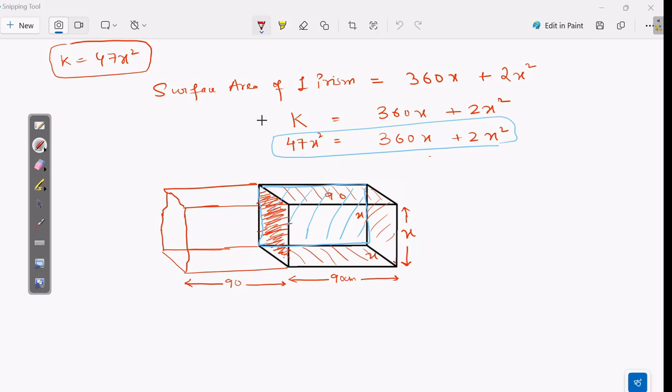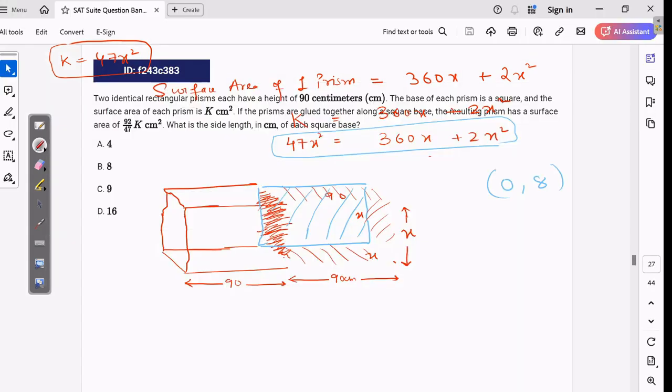Oh yeah, that's easier. 45x squared minus 360x. So I'm getting 0 and 8. And I think 8 is one of the answer choices. Yes, and option B is correct.